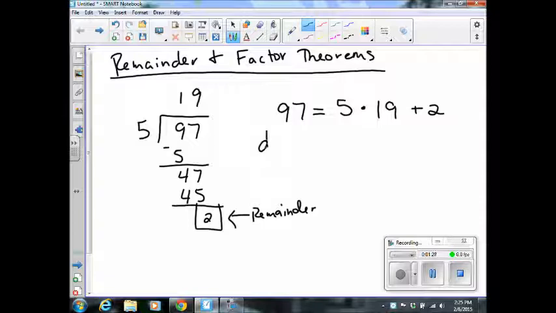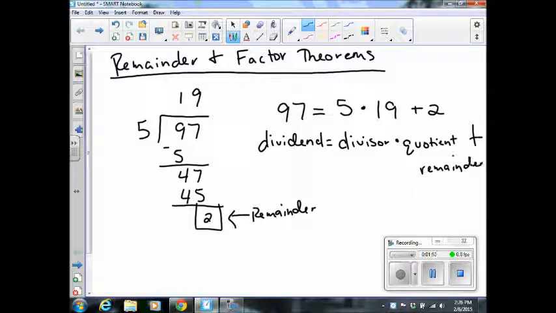So it's our dividend equals our divisor times our quotient plus that remainder at the end. We're going to look at this a little bit more in depth when we actually use synthetic division.